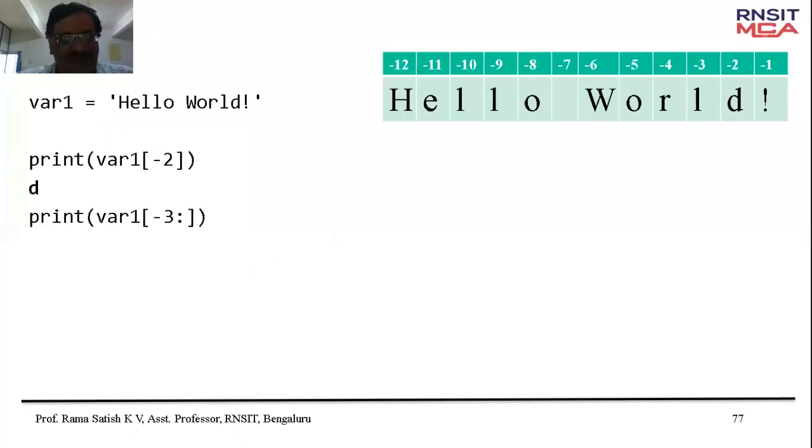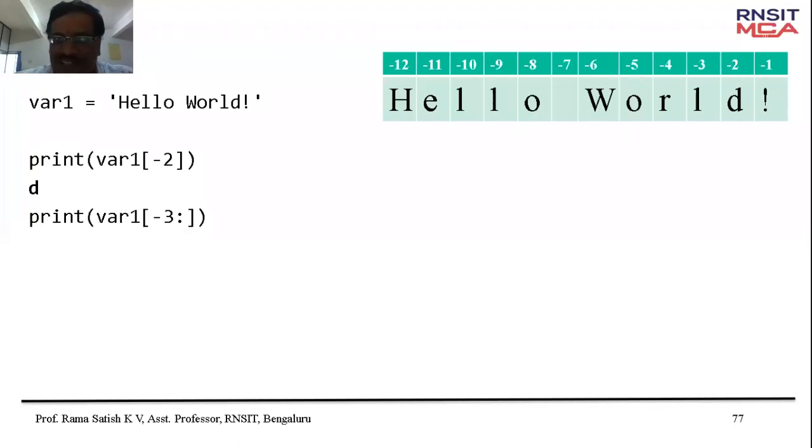Next question comes here. var1[-3:]. I have not given the ending. Since I have not given the ending value, it automatically takes the end. Yes, correct. Chandrasekhar, Meghana, correct. Meghana is the first one to give the output.